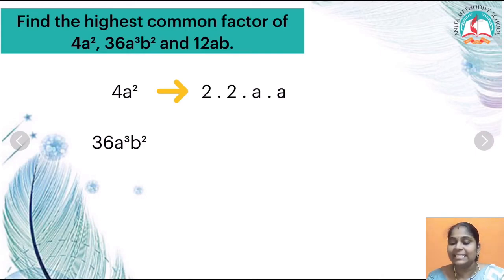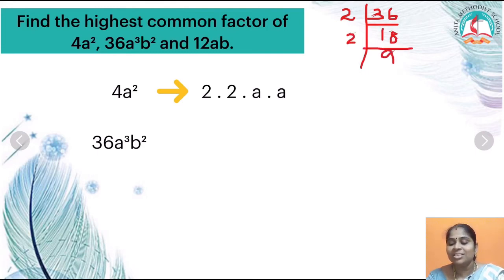Yes, the 36 is divisible by 2. 2 is a prime number. Because all the prime numbers are in irreducible form. Okay, so now we can divide this. We get 18. Again 18 is divisible by 2, we get 9. 9 is divisible by 3, we get 3. Again 3 is divisible by 3, we get 1.